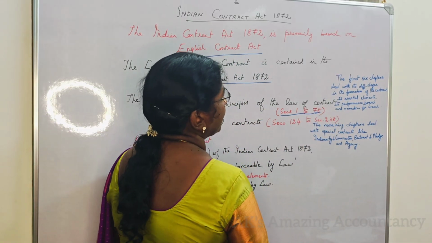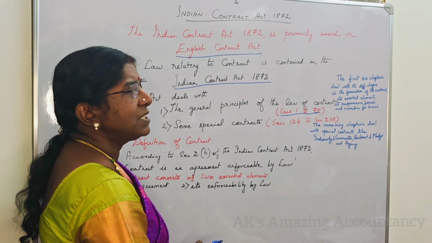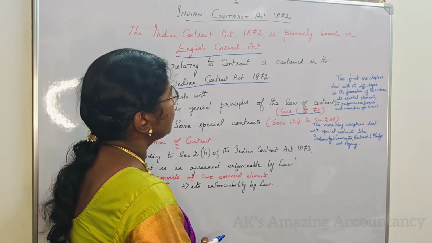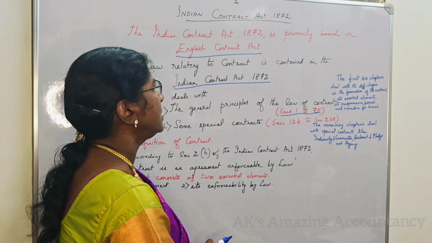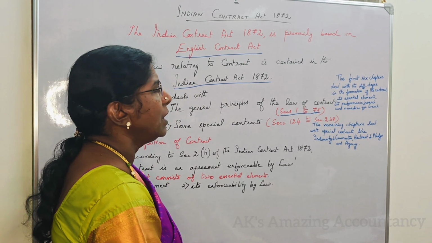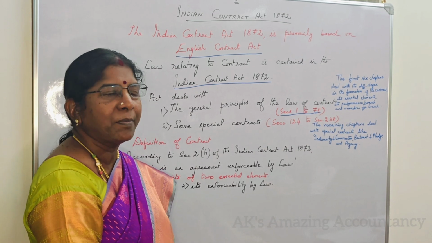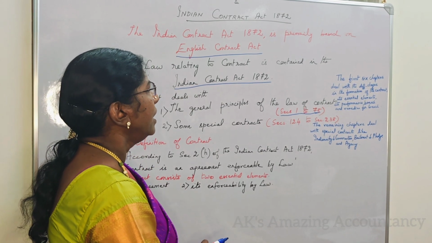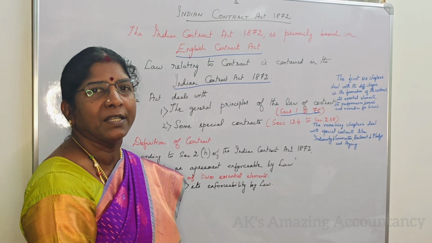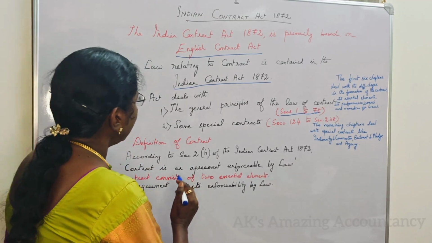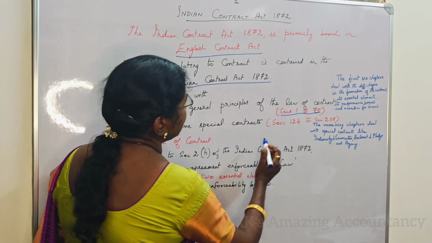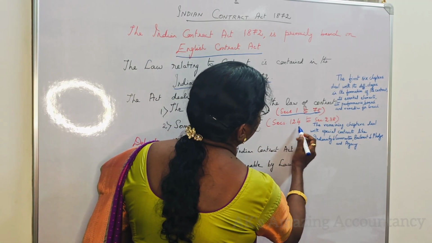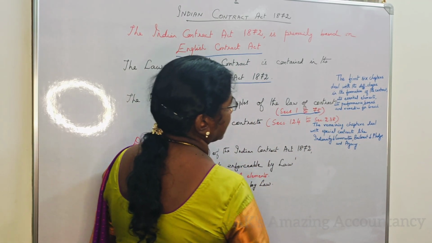For the time being, try to understand that the first 6 chapters deal with the different stages in the formation of the contract, its essential elements, the performance of the contract, and breach of contract. Breach of contract means failure to perform the contract, and the remedies are those available when there is a breach of the contract. And then as a second part, we have some special contracts, dealt with in sections 124 to 238.